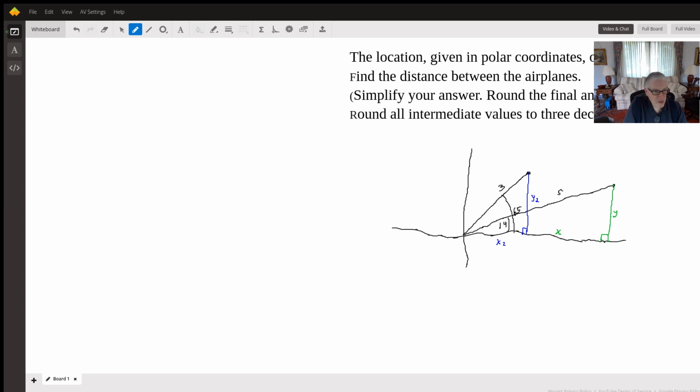And then the cosine of 65 is going to be x1 over 3. So x1 is going to give me 3 cosine 65. It's going to be 1.268. So you can now just think of it, this is something you learned to do when you were in Algebra 1 or maybe even earlier.